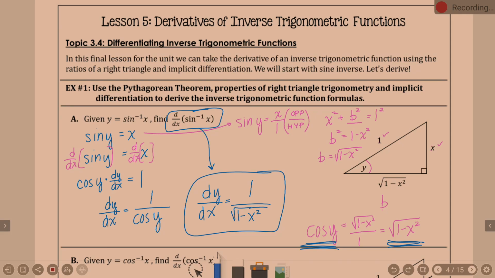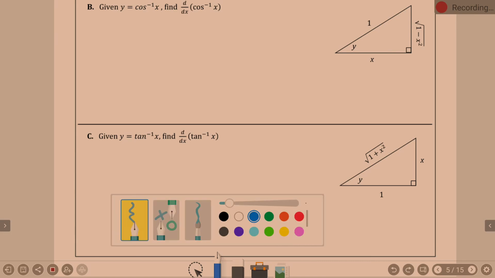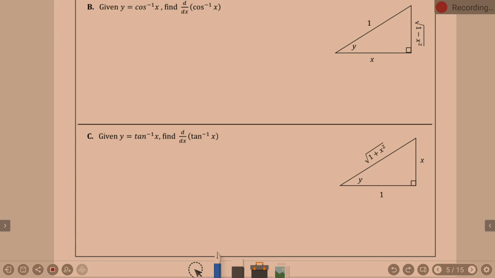Now, let's try and do the same thing with b and c. So b, given that y is cosine inverse of x, find the derivative of cosine inverse. Okay. Y equals cosine inverse of x. So cosine of y equals x.